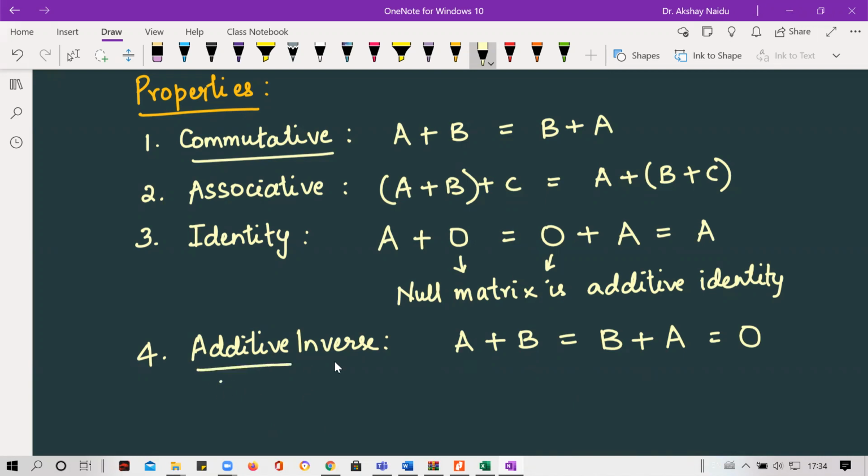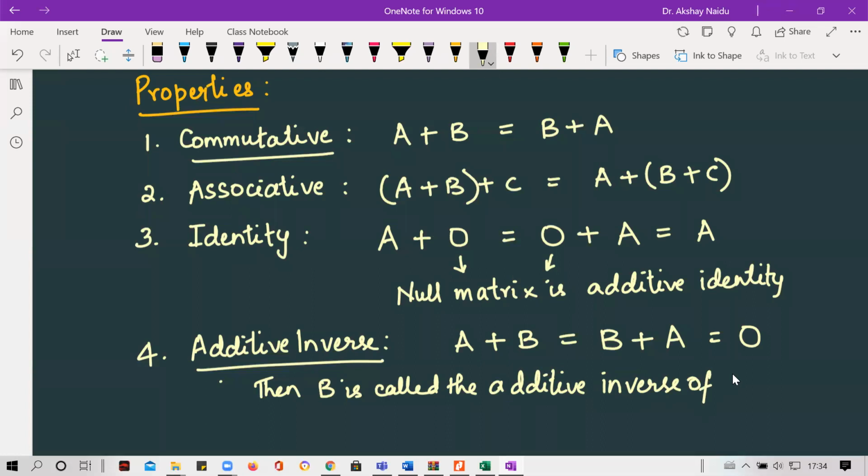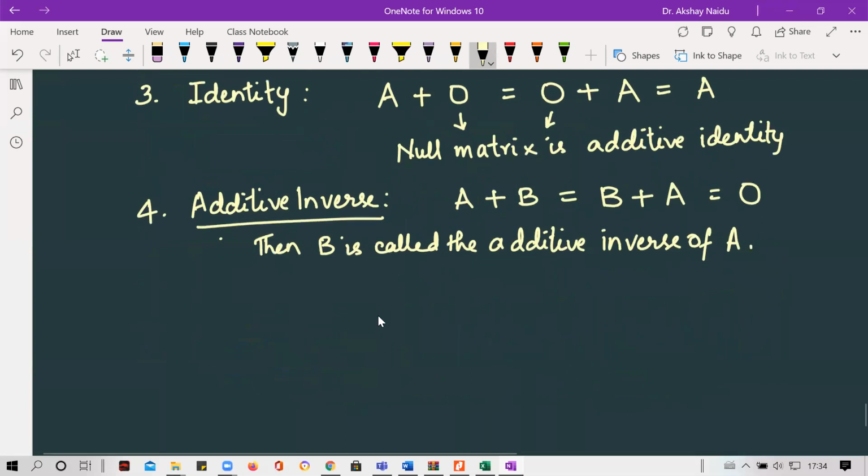Then B is called the additive inverse of A. So B is nothing but minus of A. Multiply every element of A with a negative sign. And then of course the cancellation laws hold true.